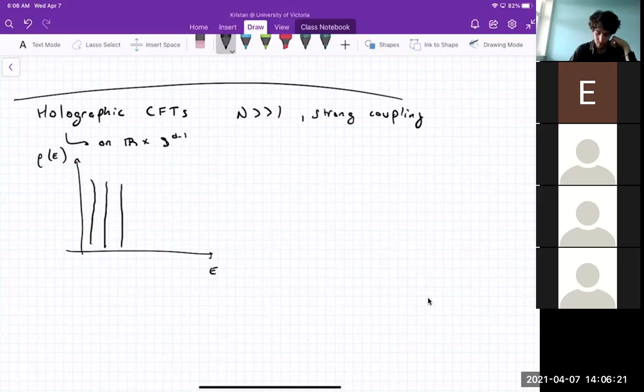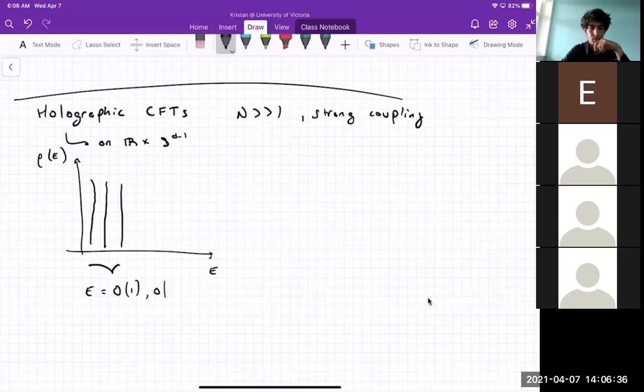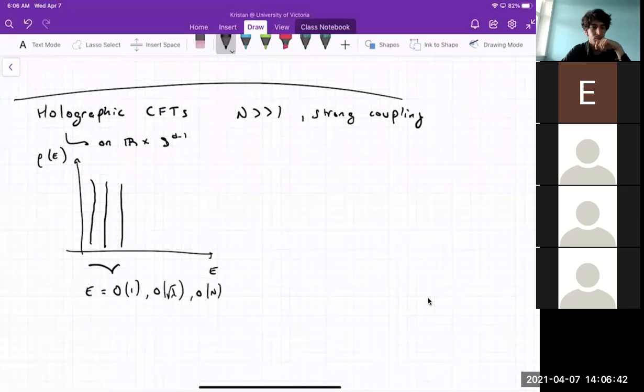And what do I mean by light? I mean states whose energies are either order 1, or order the square root of the 't Hooft coupling, say, that's relevant for a large N theory, or order N. Those are light states, or lighter states anyway.